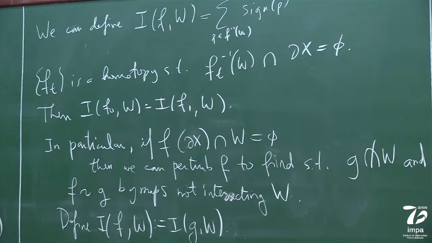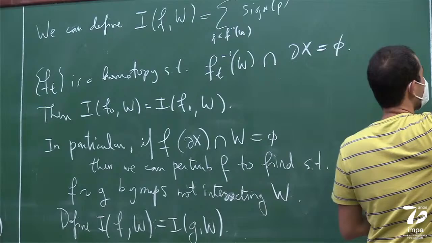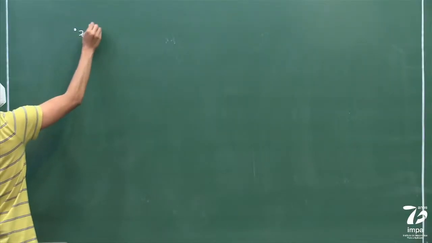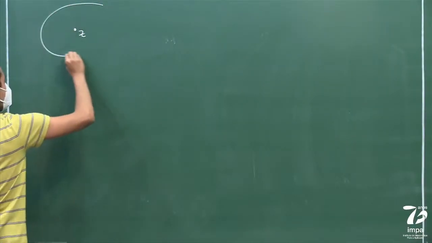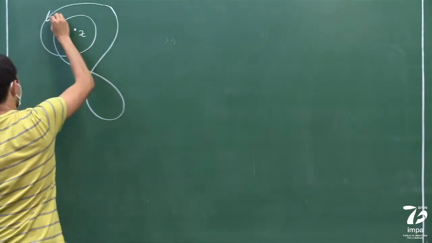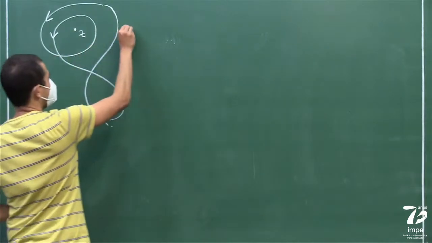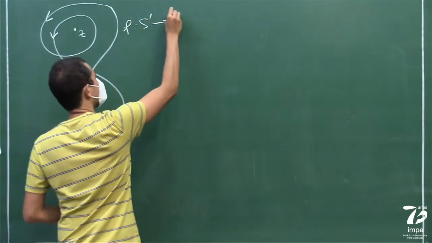Actually, before I prove the proposition, let's go back to that picture that we had, and let's kind of interpret the proposition in light of that picture. So, in dimension 2, we had this picture where here was my point Z, and then I think I had some curve that looked kind of like this. Okay. So if this is my curve, this is my map F from S1 to R2.